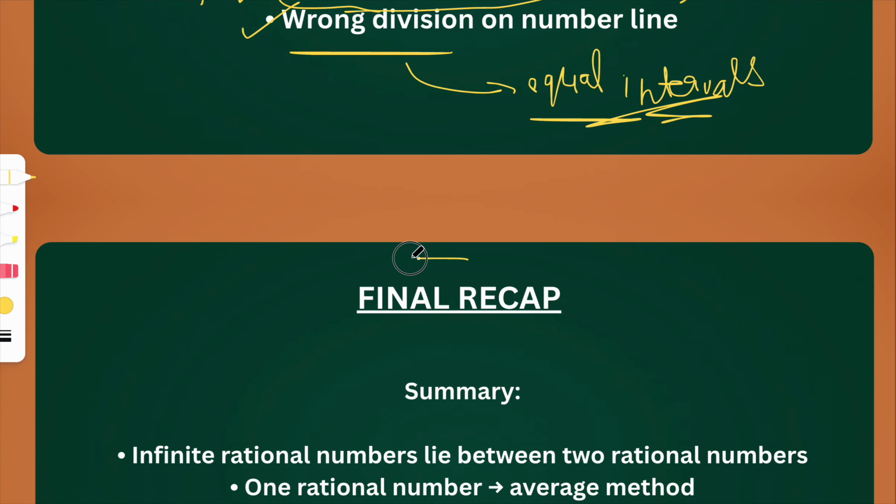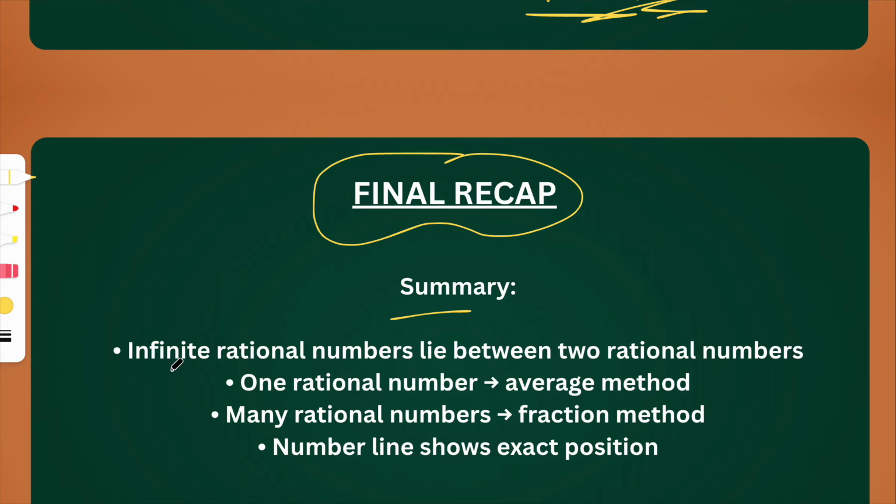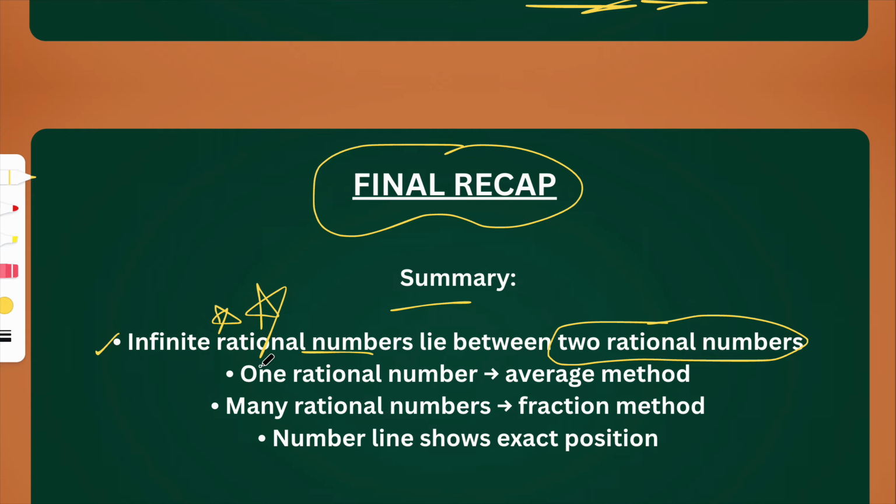Okay, so now we'll have the final recap of the video. So the summary is: infinite rational numbers lie between two rational numbers. I have told you this. There are infinite rational numbers between two rational numbers, as you can take the average of the numbers, and it will lie between those two numbers only.